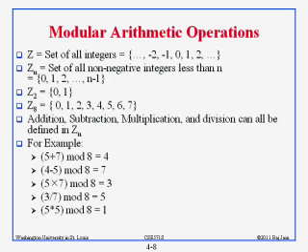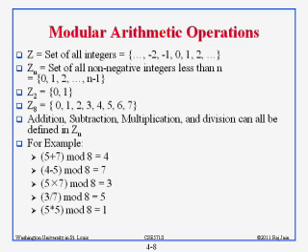For example, 5 plus 7 mod 8 in Z8 is 4. 4 minus 5 mod 8: how much is 4 minus 5? Minus 1 you get first, but then 8 is equal to 0, so you can just add 8. Whenever you get into negative territory, you can add 8. Whenever you get into territory which is more than 8, you subtract 8. So in this case it is minus 1, so we add 8, we get 7.